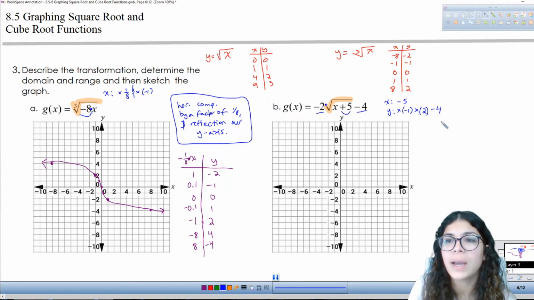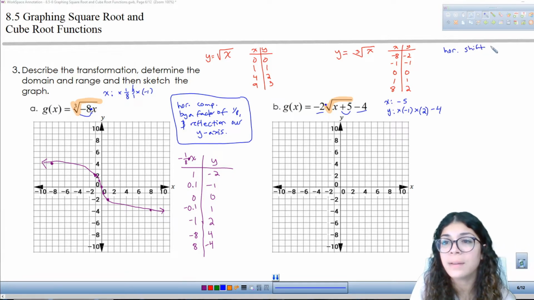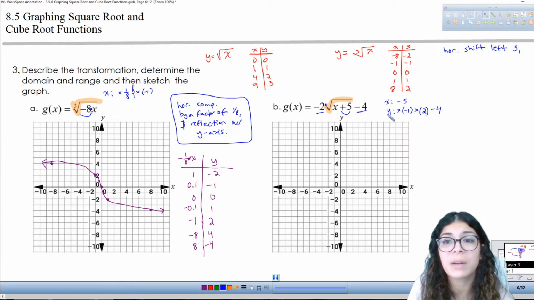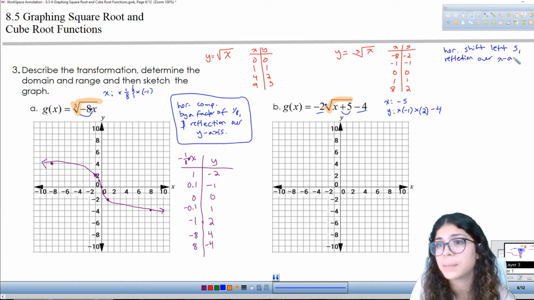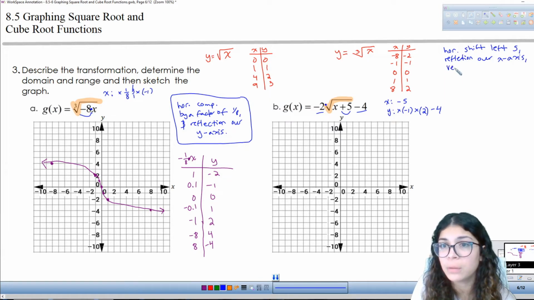Okay, so let's go ahead and write out the description, right? Again, we start with x, so a horizontal shift left 5. Then multiplying -1, we're changing the sign of y, so that'll be a reflection over the x-axis. Then we're multiplying 2, and because it's to y, it's vertical.